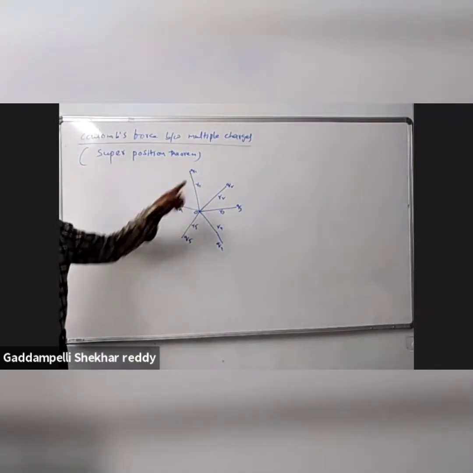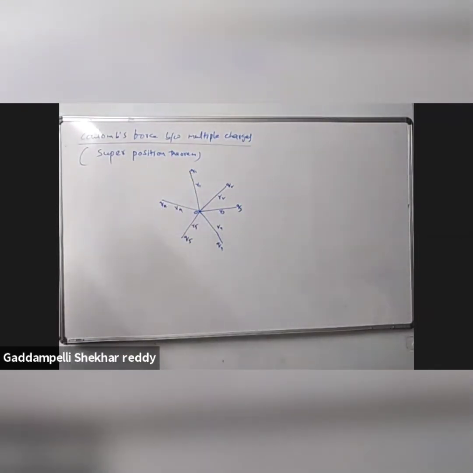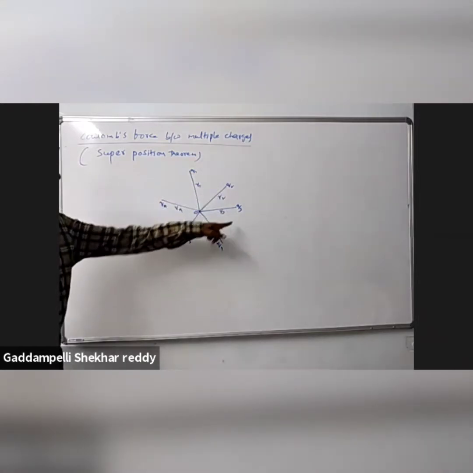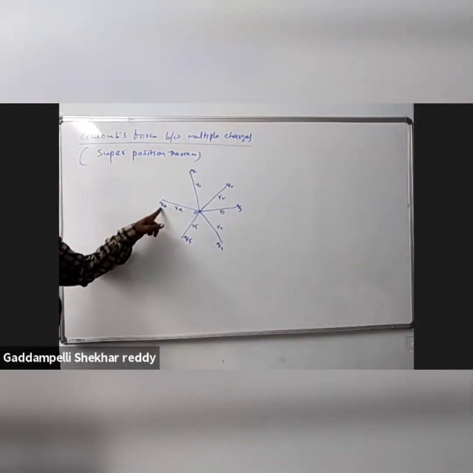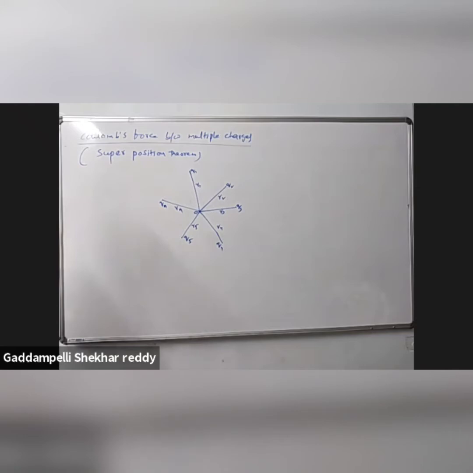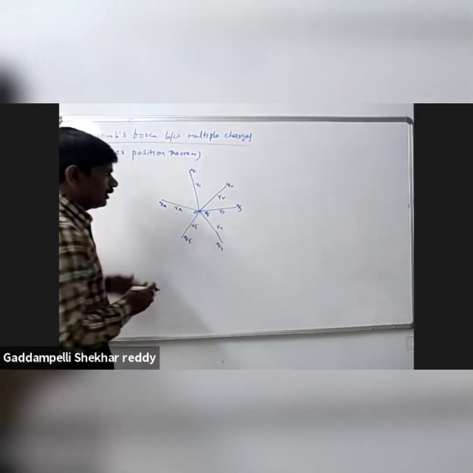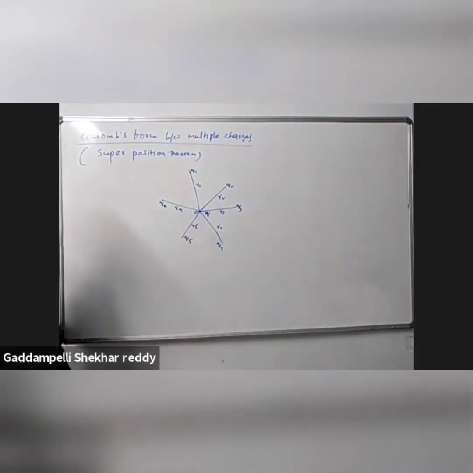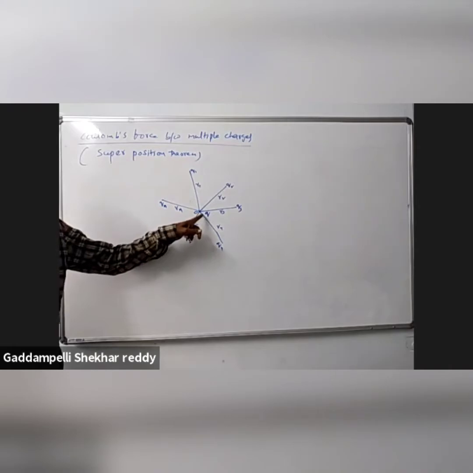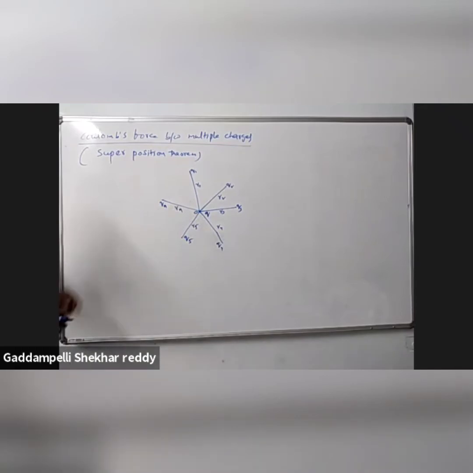Now consider a number of point charges Q1, Q2, Q3, Q4, Q5, Qn placed as shown in the figure, and another charge Q placed at O. Then the total or net force acts on the charge at O.